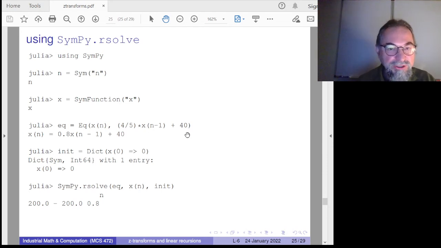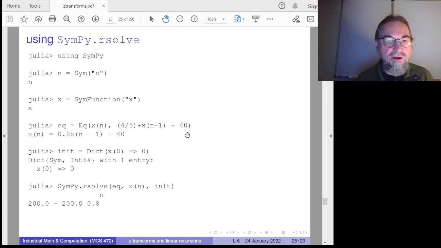Then comes the formulation of the initial condition. So in Python, this is formulated as a dictionary. So here is where the documentation is often not so well done. So if you look at rsolve in the SymPy, you need to give the SymPy dictionary. But here in the interface, you have to give the equivalent dictionary in Julia.